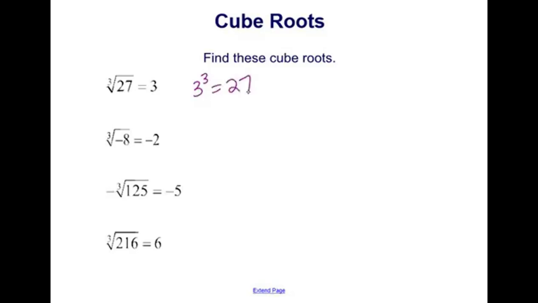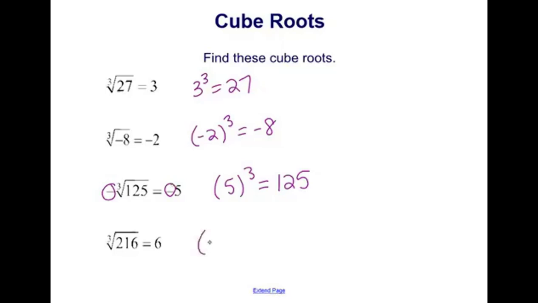The cube root of negative 8 equals negative 2 because negative 2 cubed equals negative 8. Negative cube root of 125 equals negative 5 because 5 cubed equals 125, and then the negative on the outside tells us to make our answer negative. And the cube root of 216 equals 6 because 6 cubed equals 216.